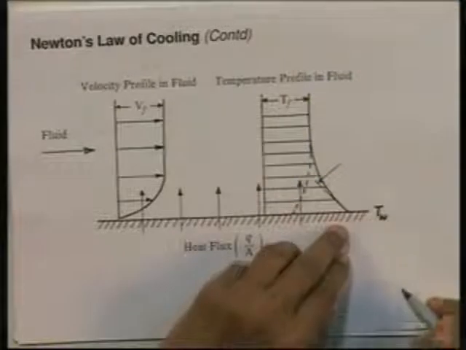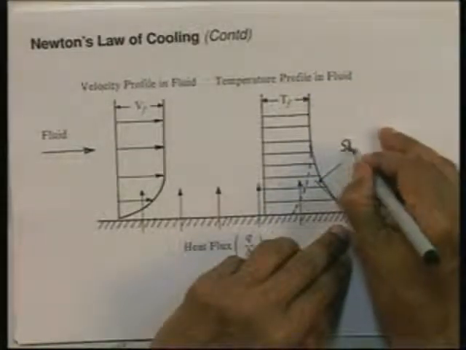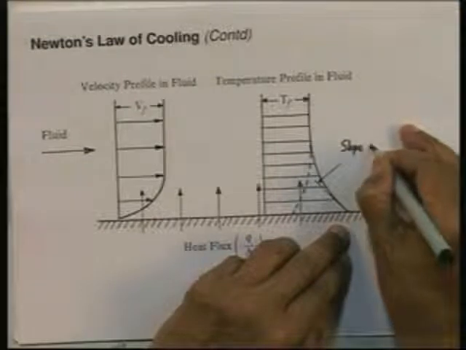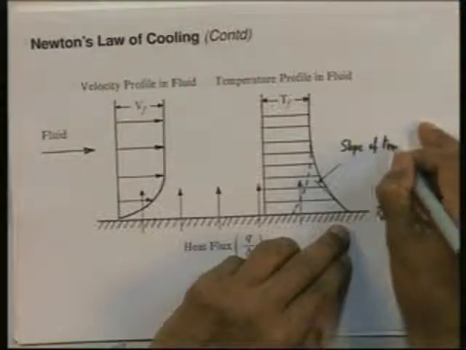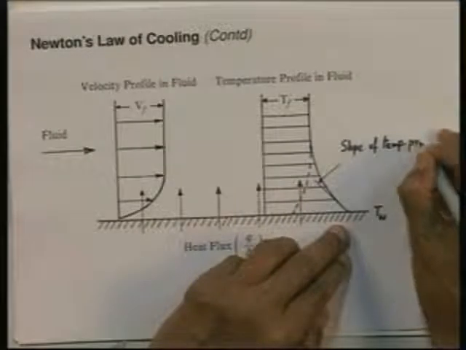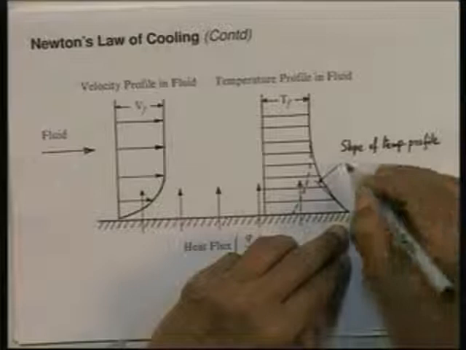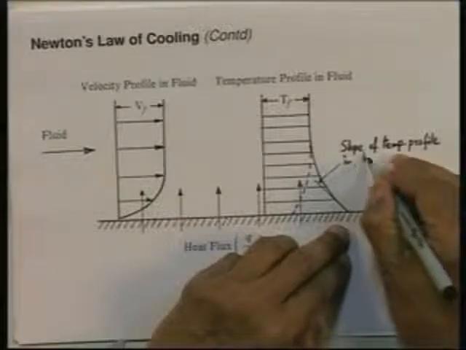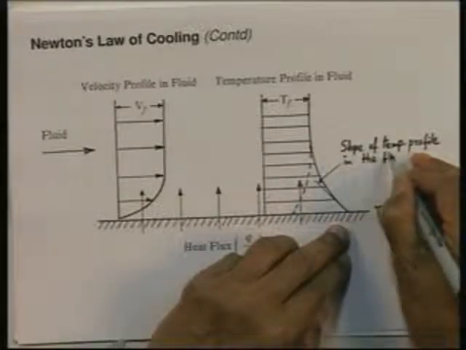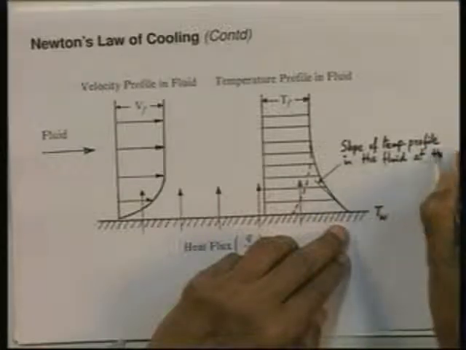So, what we have here is the slope of the temperature profile. The tangent is the slope of the temperature profile in the fluid at the wall.